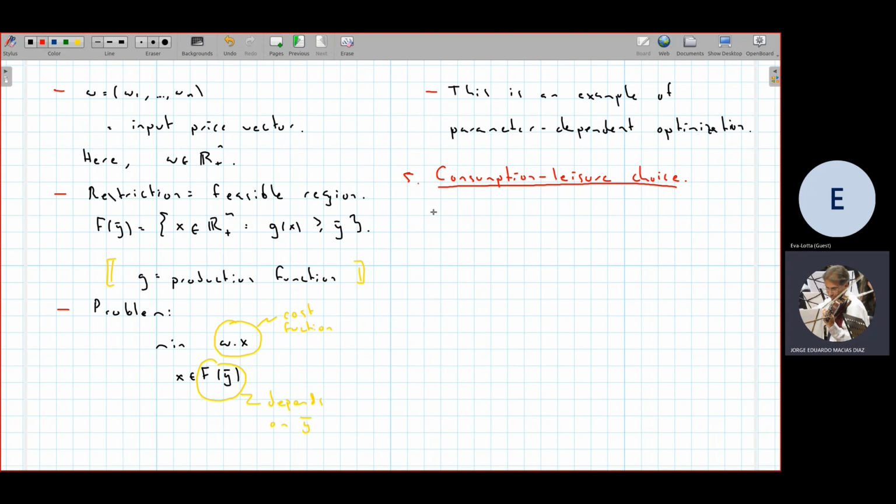This example falls into a category of study in economics.